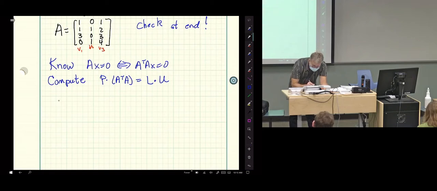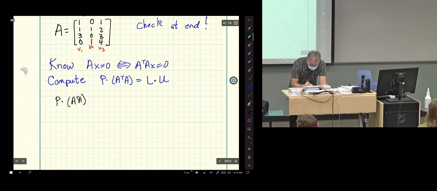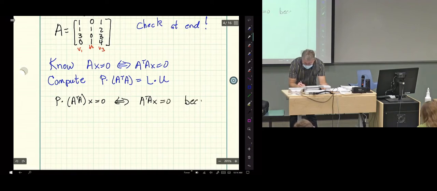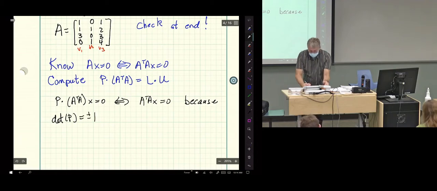Okay, so let's just note P times A transpose AX equals 0 if and only if A transpose AX equals 0. And that's because the determinant of P is always plus or minus 1.